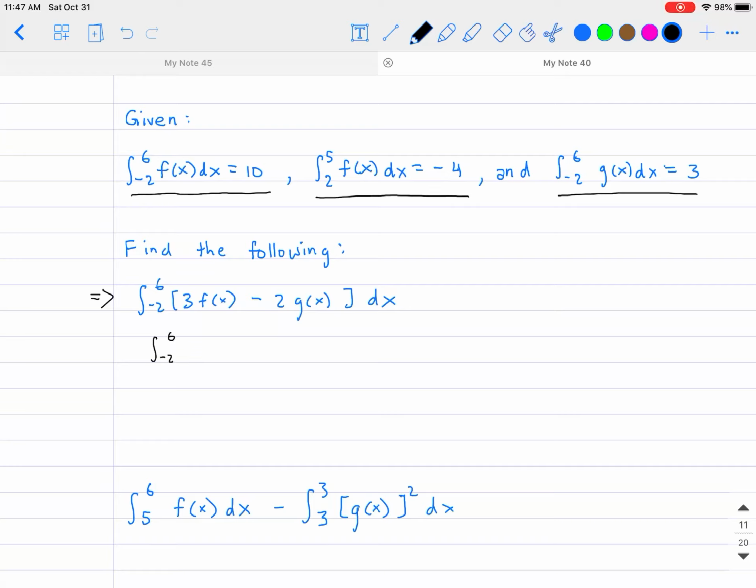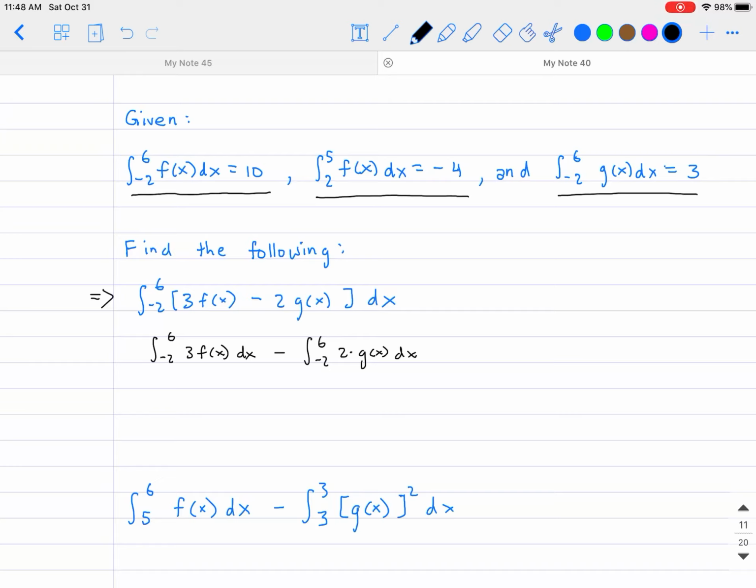First, we can break these up into two parts. If you remember, just like the limit laws, we can do the same for the integrals. So I'm going to split this up: the integral from -2 to 6 of 3 times f of x dx, minus the integral from -2 to 6 of 2 times g of x dx.